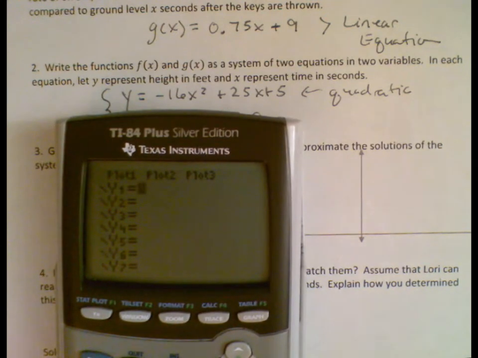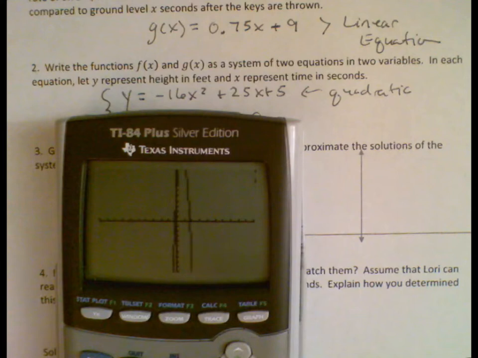So in y1, I'll just put the quadratic one, and then in y2, I'm going to put the linear one. It doesn't matter which one you put it in. You could flip-flop them if you wanted to. Let's take a look-see, and now I'm going to hit graph. Now I've got the standard window right now.